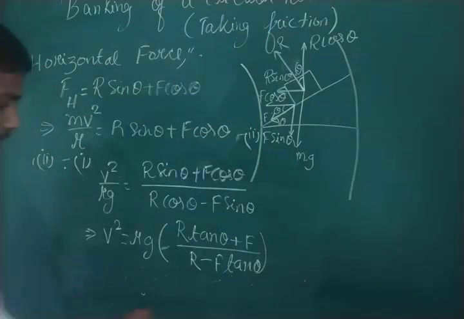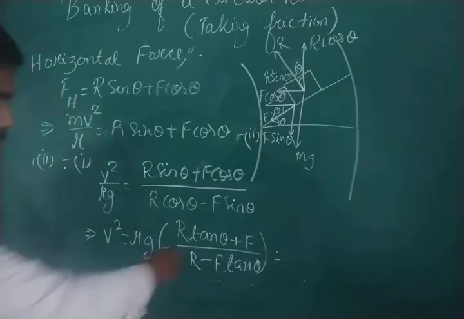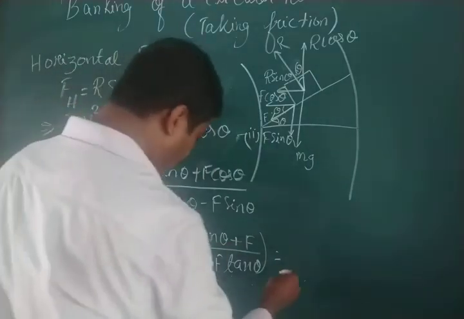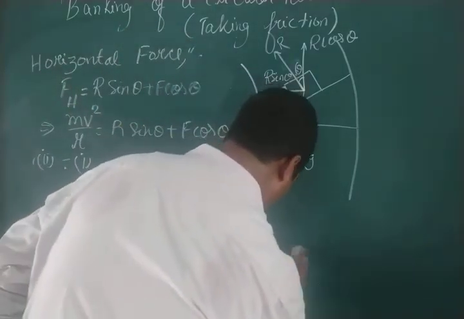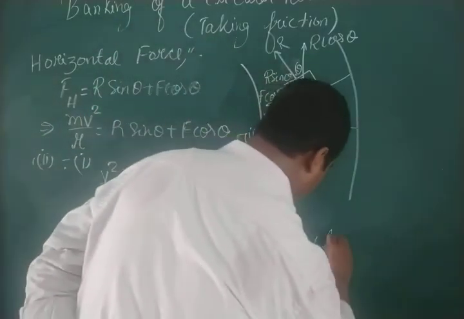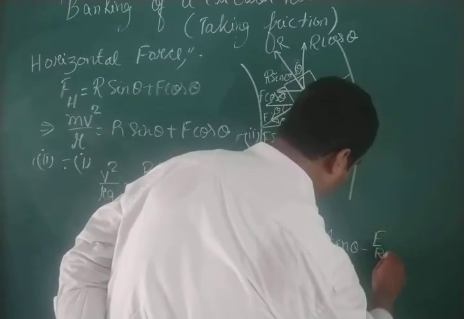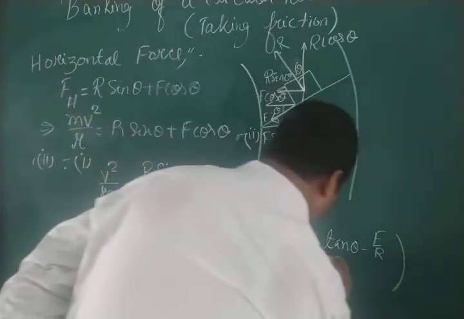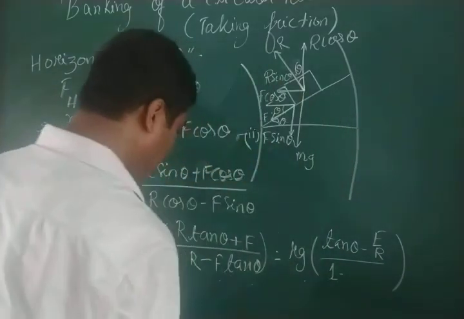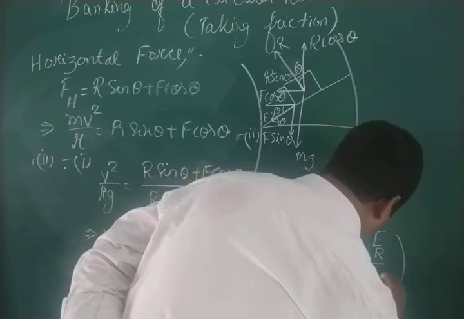Now after this, I will again divide above and below by r. If I divide it by r, above you will get rg times tan theta minus f by r, divided by 1 minus f by r tan theta.